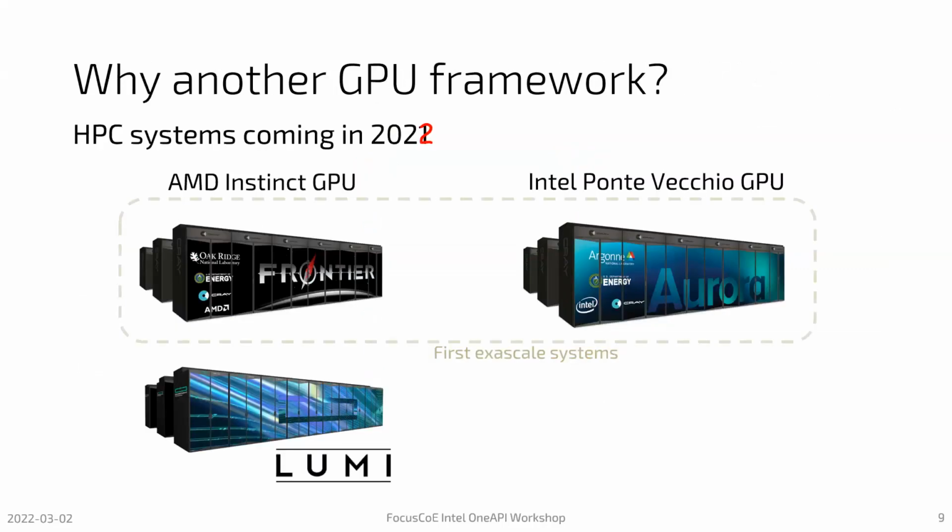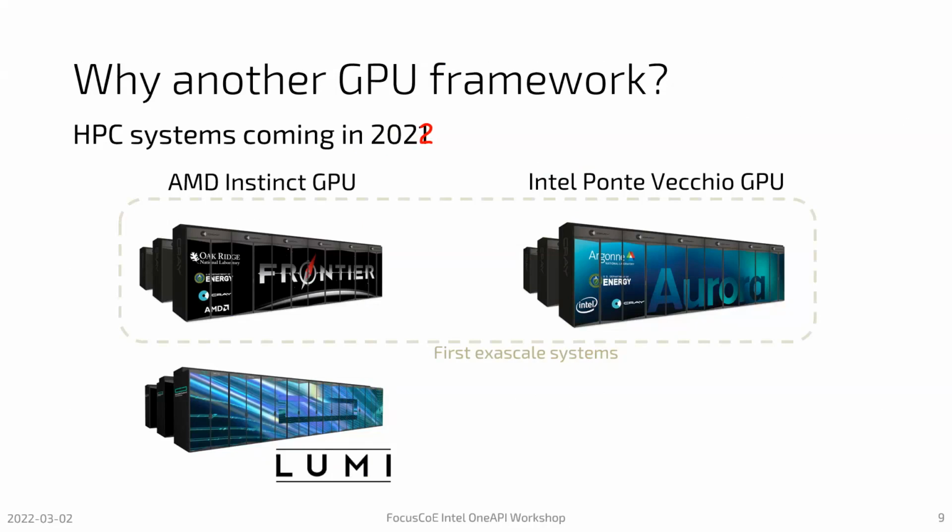But nowadays the landscape is changing. We are having new modern exascale systems coming in, initially 2021, but now hopefully this year. We have a huge LUMI machine that's not exascale, but still one of the primary targets for GROMACS.